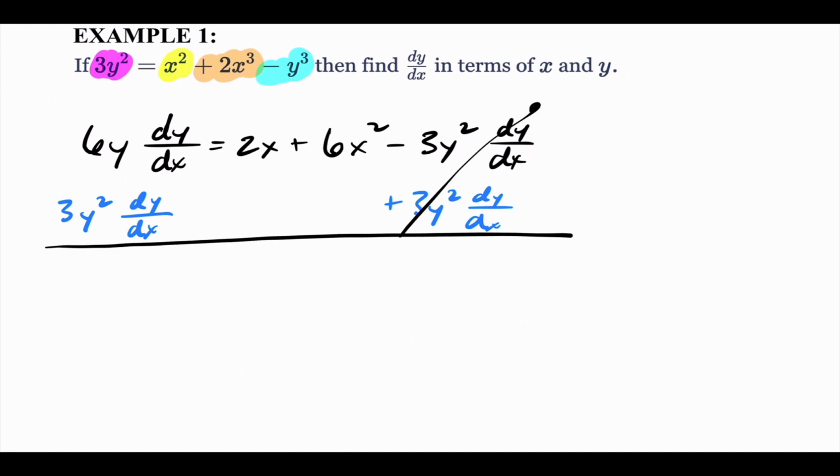That'll remove it from that side and bring it to the other side. 6y dy dx plus 3y squared dy dx equals 2x plus 6x squared.